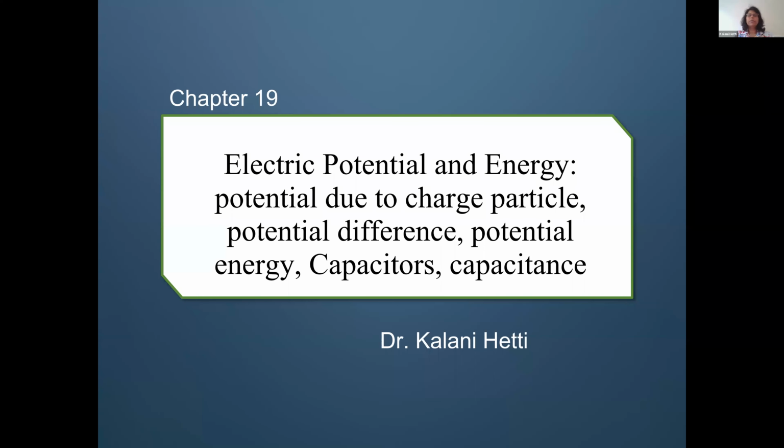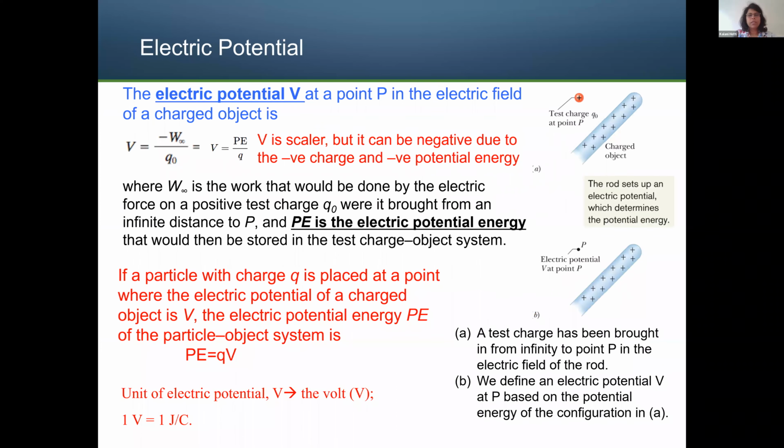First thing is electric potential. Electric potential at your point of interest can be calculated using the work done principle that we talked about in your physics 1 class.